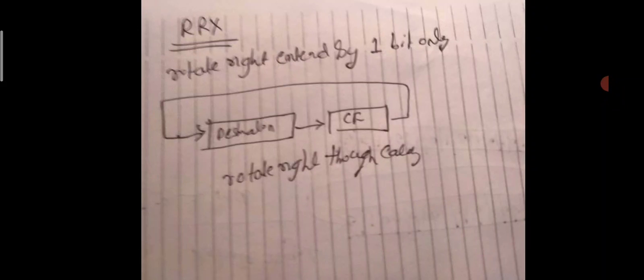Logical shift right is nothing but logically shifting one bit to the right, and ASR, arithmetic shift right, is a signed shift, whereas in ROR the LSB will occupy the place of the MSB. The last digit will come back to the first position. That is called rotate right. Then RRX, rotate right extended by 1 bit. Then in the destination, the carry flag is also added.